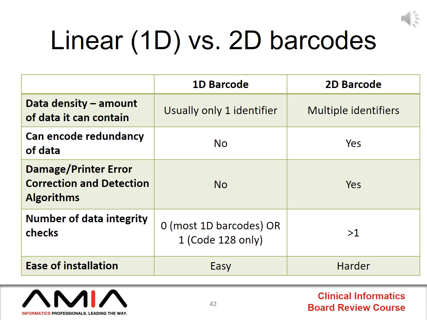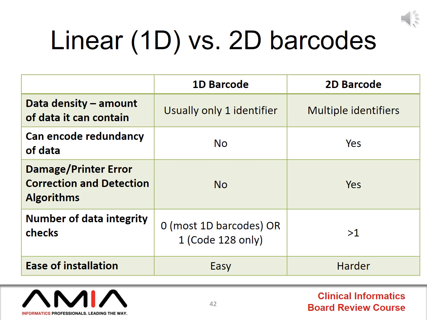Unlike linear barcodes, two-dimensional barcodes can encode data multiple times, and this allows them to develop damage and printer error correction and detection algorithms so that even if the barcode is damaged, there may be other areas of the barcode which are intact and can be read by the decoding algorithm.